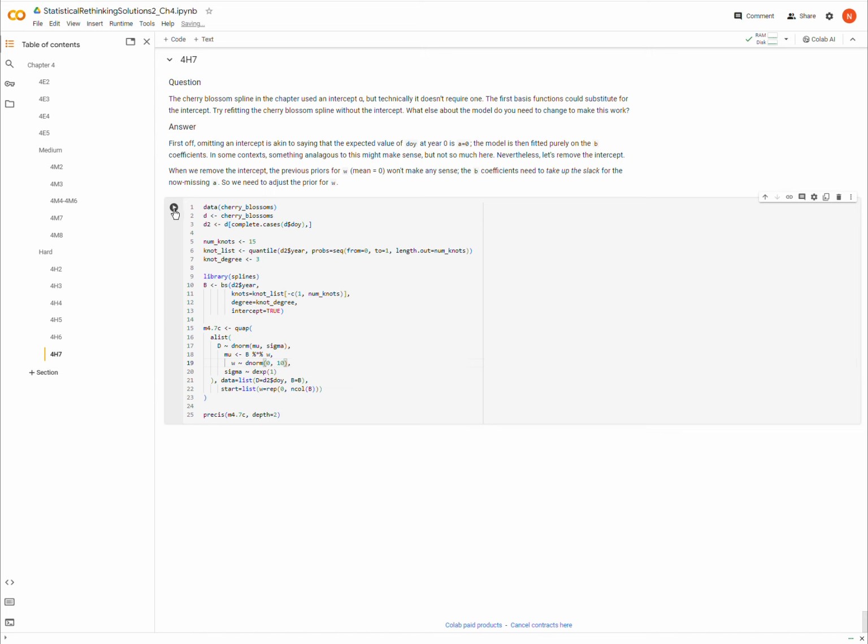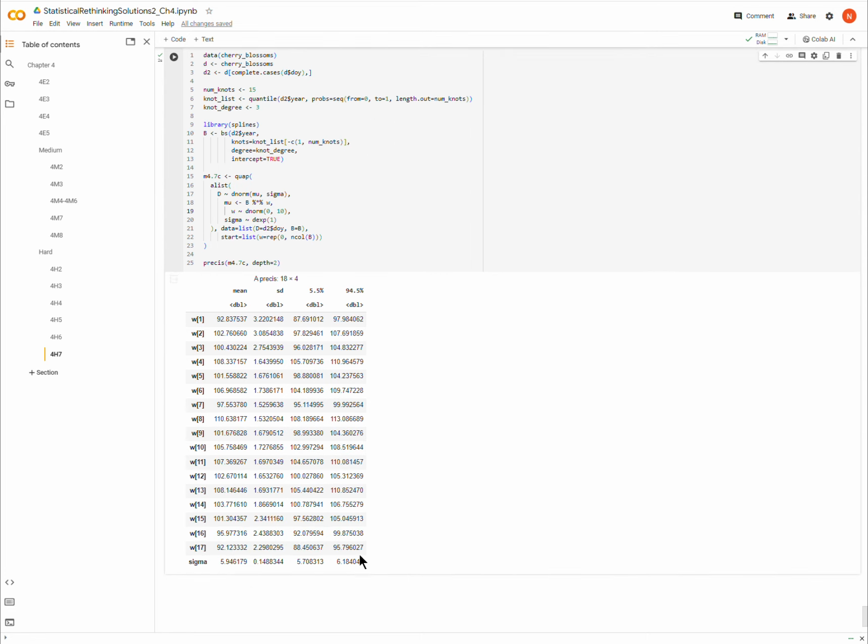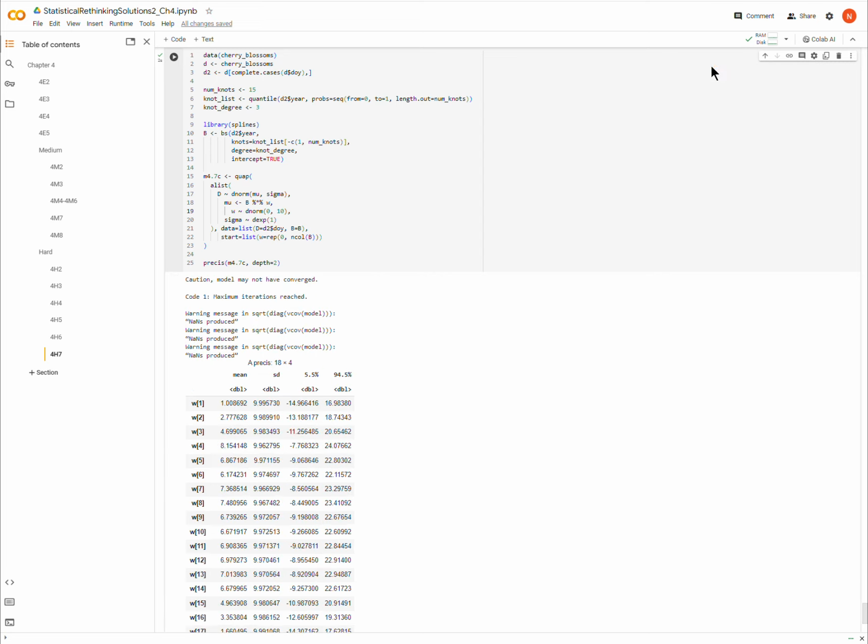So I'm going to try to run this. And this one actually runs, which is interesting. I just paused and ran it again because it did something that I did not expect it to do. But this is what typically happens.